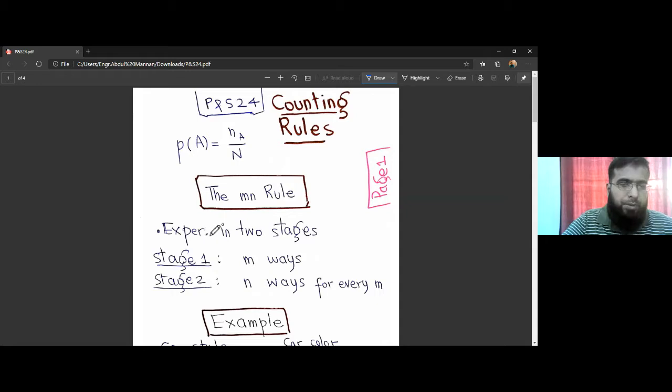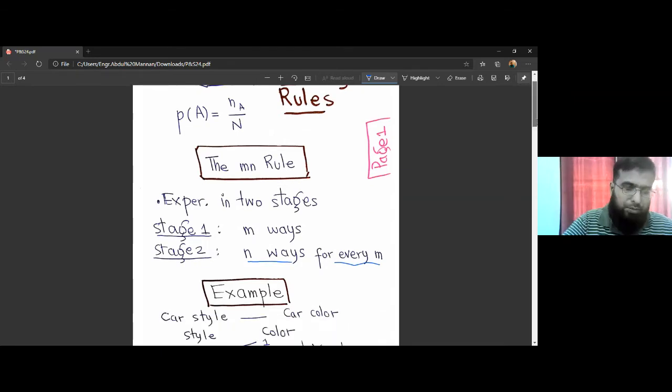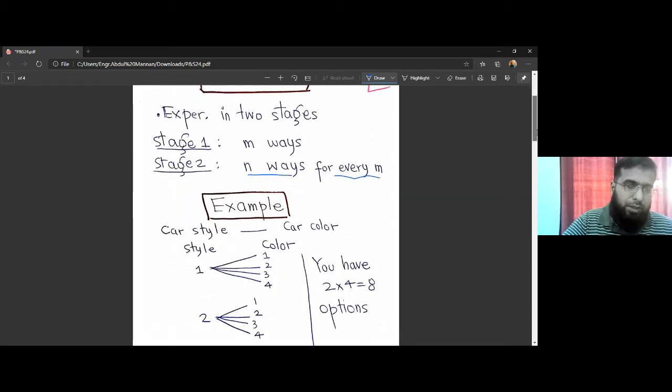The mn rule is that if an experiment is performed in two stages, in stage 1 it can be performed in m ways, and for each and every m there are n possible ways in stage 2. So it seems complex, so let's see.